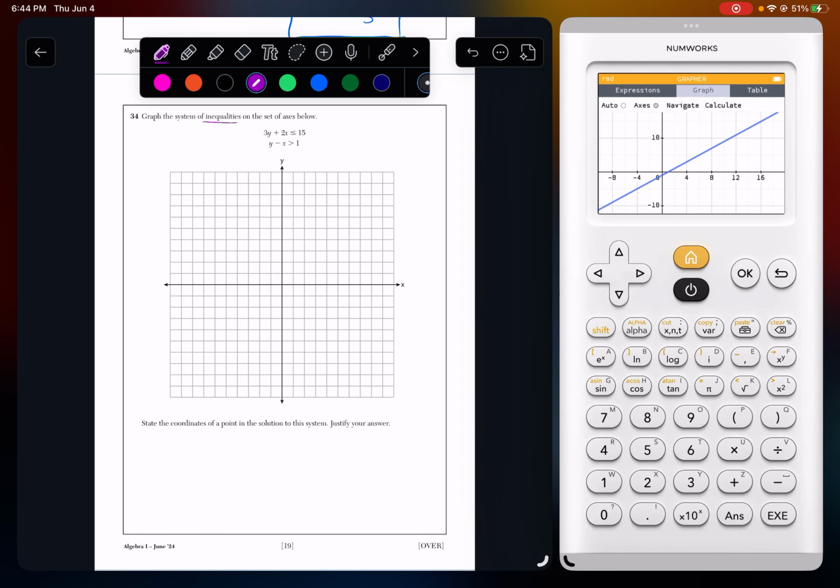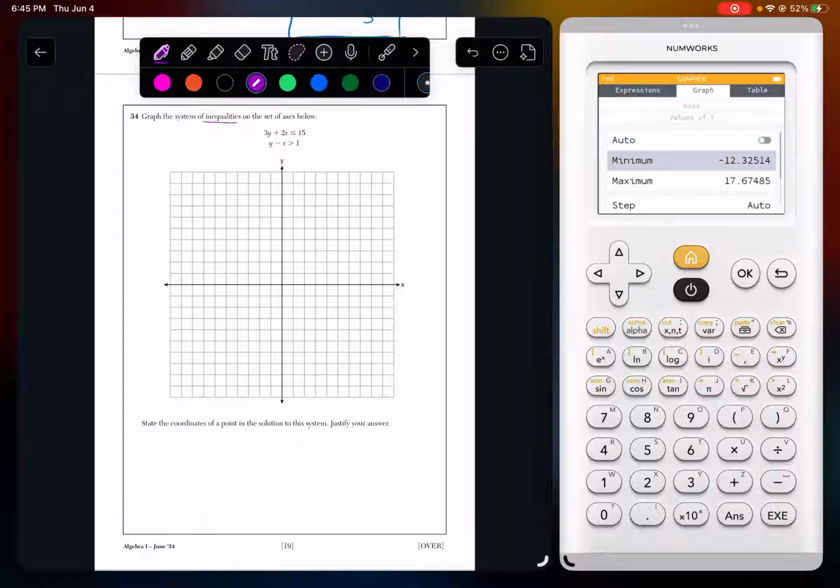So if I go back to grapher, even before I clear this line, I can set my axes to a 10 by 10, because it looks like the graph on my paper is 10 by 10.